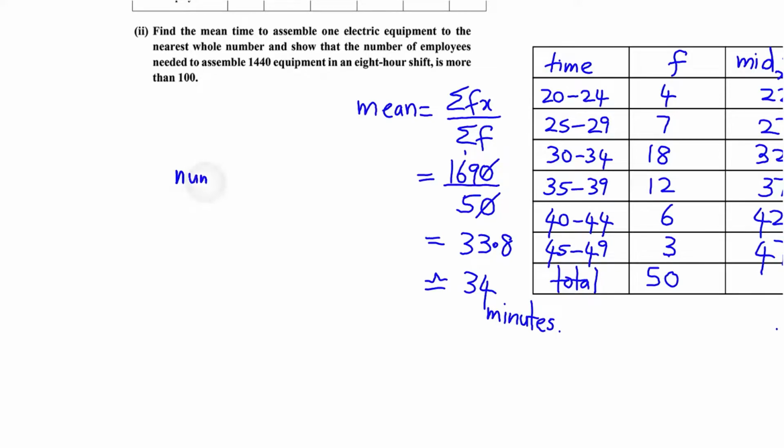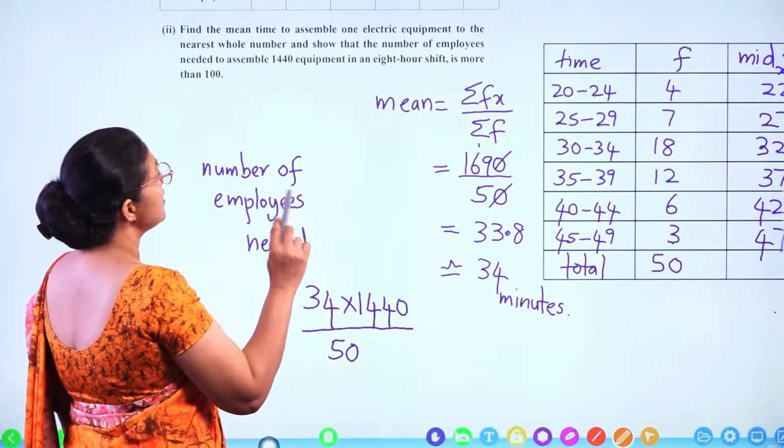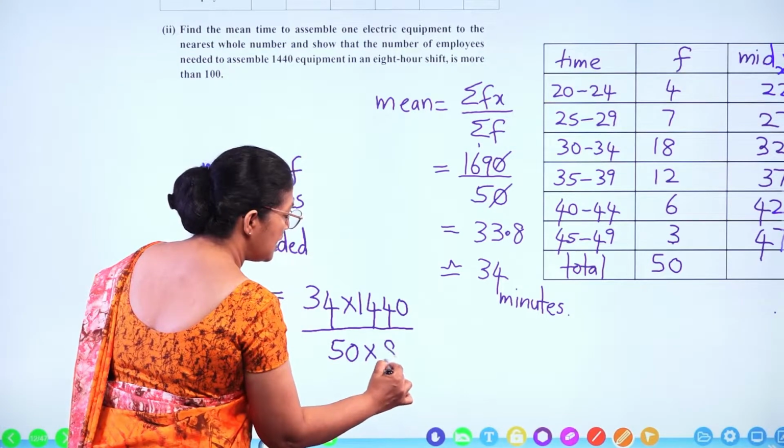So number of employees needed is equal to here 34 for one equipment multiplied by 1440 equipments, and this is for 50 employees. So you have to divide by 50, and again it's an 8-hour shift, each one 8 hours, so you have to divide by 8 as well.